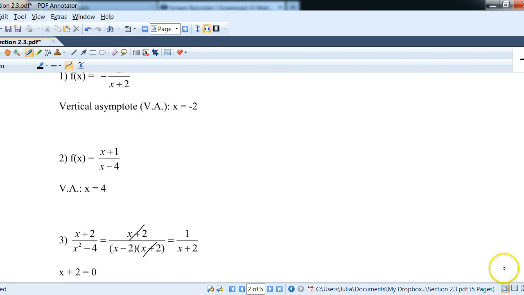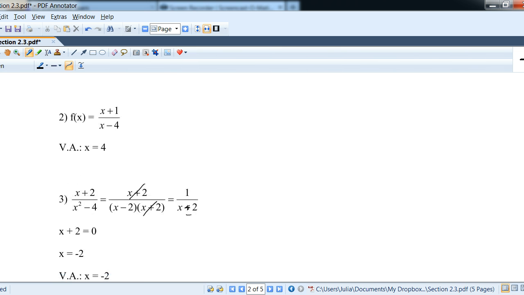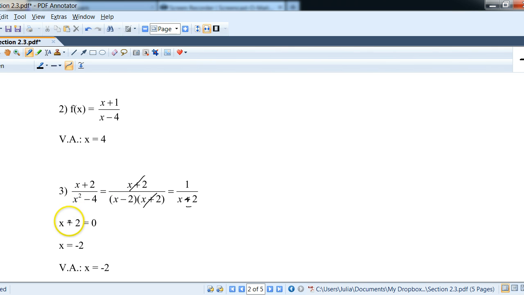Here is one example where it's canceled. X plus 2 over x squared minus 4. Notice how I factored the denominator and canceled x plus 2 in the denominator and numerator. So we end up with 1 over, should have been x minus 2. There are some minor typos sometimes. So the remaining denominator is x minus 2.